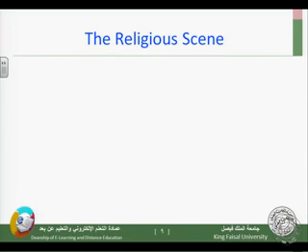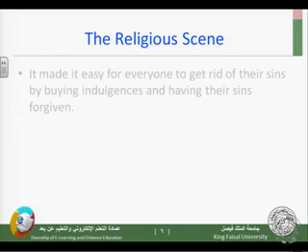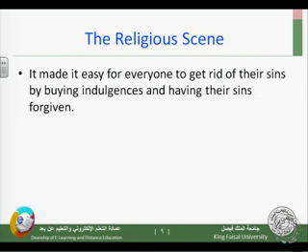Okay. We are still talking about the religious scene in England before the 18th century. It made it easy for everyone to get rid of their sins. One of the most famous things about the church in England before the 18th century is how it looked at the idea of forgiveness. Everyone sins, everyone makes mistakes.